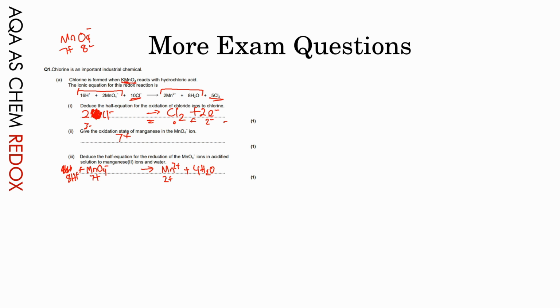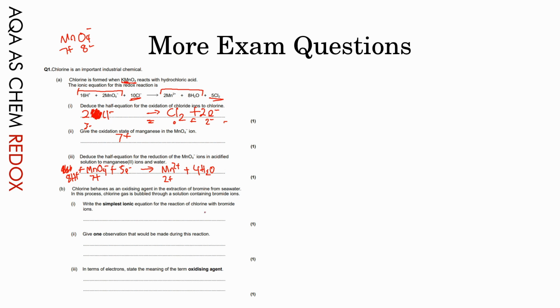So to get from 7 plus to 2 plus, you need the electrons, which will be 5e minus, wouldn't it? So that gets the 7 plus down to the 2 plus, and that's the one you really want to worry about. But since it gives you most of these here, you don't quite need to do those.